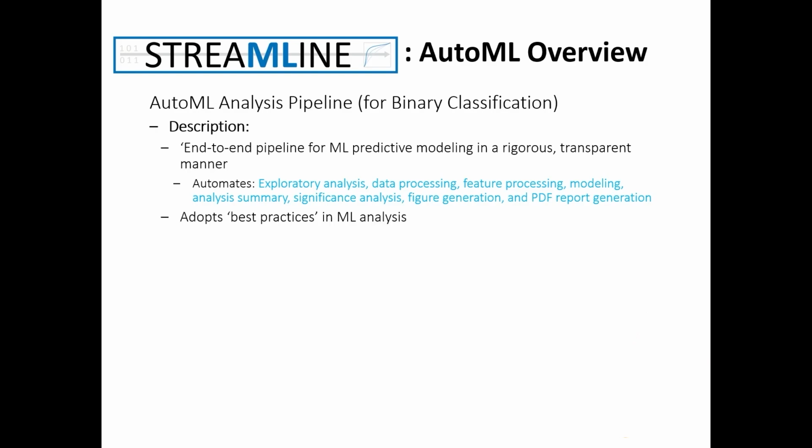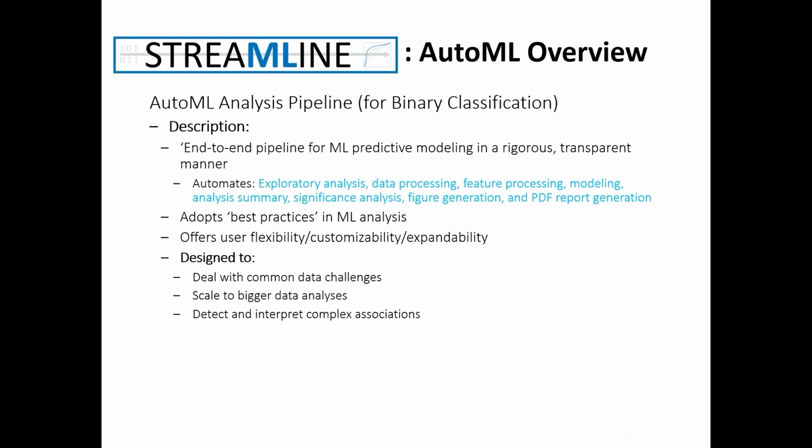We designed it to adopt best practices in machine learning analysis, and it offers users flexibility, customizability, and expandability for the future. We also designed it to specifically deal with a variety of common data challenges we've described earlier in this talk, but also to scale to bigger and bigger data analyses, and ensure that we're able to detect and interpret complex associations in data, including both epistasis and heterogeneity.